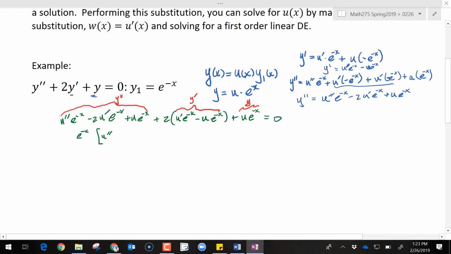We have u double prime minus 2 u prime plus u, plus 2 u prime minus 2 u, plus u. Is that right? Does that look right? I just took out e to the negative x. Any algebra errors there?